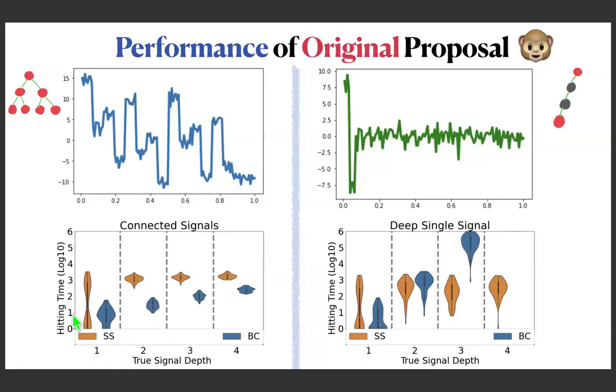In this variable selection scenario, they do not have knowledge that the data structure actually has a tree shape. What we can see is that for connected signals, the original Bayesian CART algorithm shows much shorter hitting time. But when it comes to the deep hidden signal, as this hidden isolated signal goes deeper and deeper, the hitting time increases really rapidly. This is log scale, so this is a really rapid increase of the hitting time.